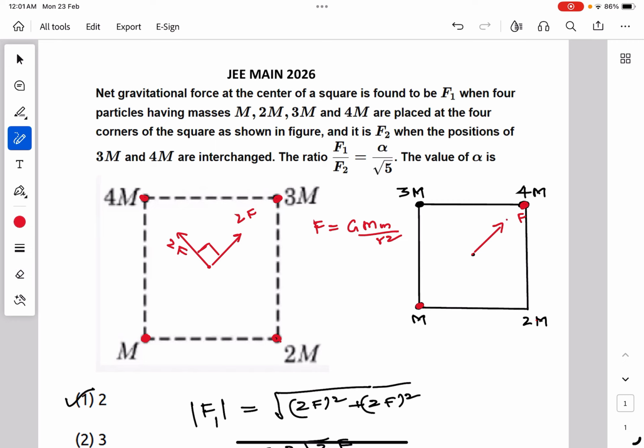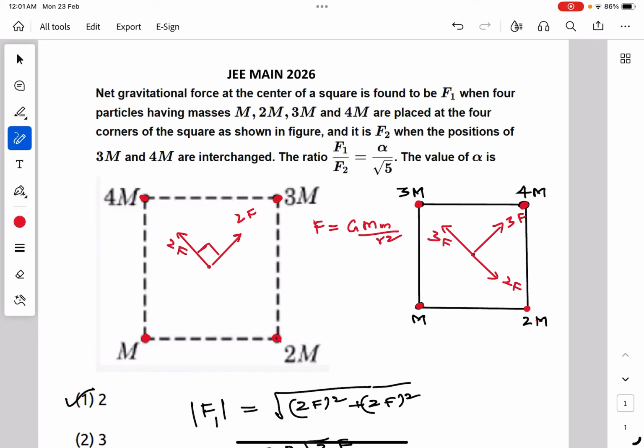3F in this direction. Similarly, force due to this particle of mass 2m would be in this direction, this would be 2F. And force due to this particle of mass 3m would be in this direction, and this would be 3F.